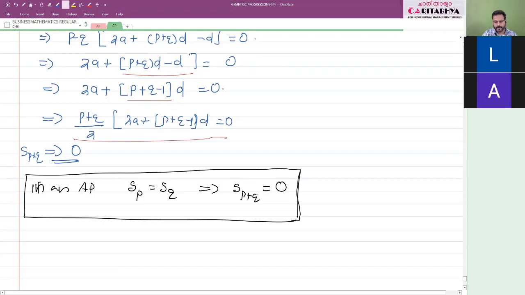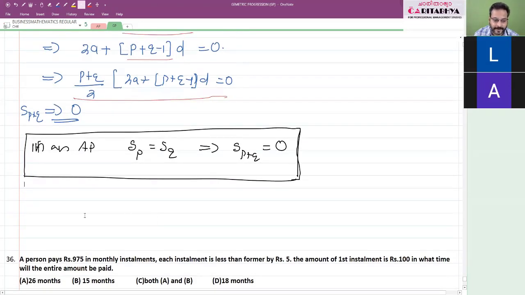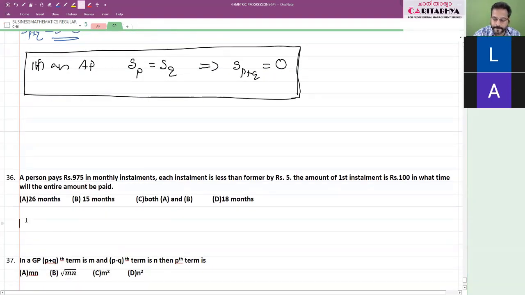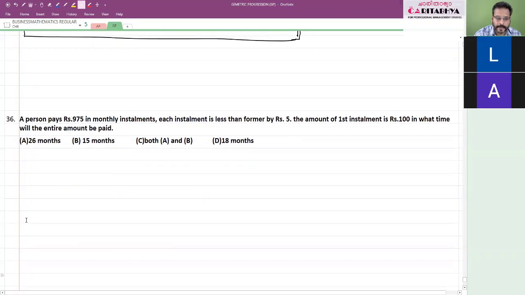That's another property to remember as a result. Then the next question.